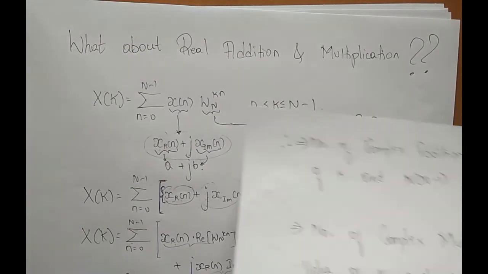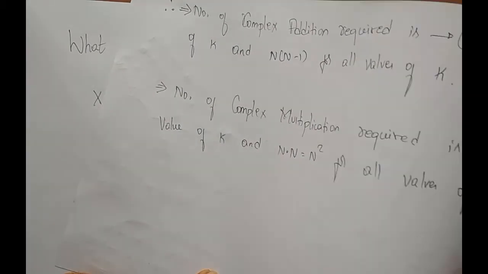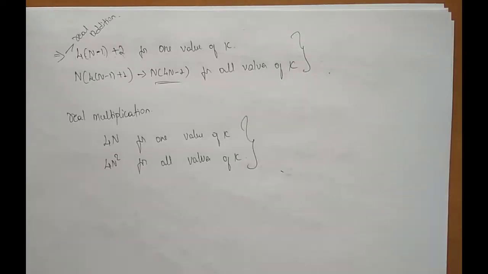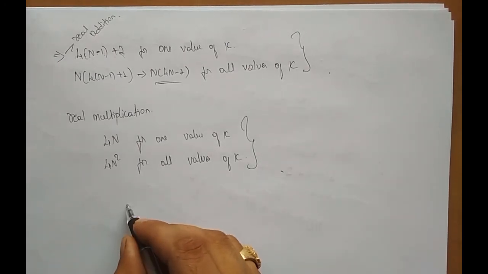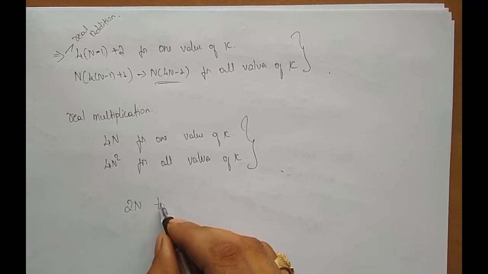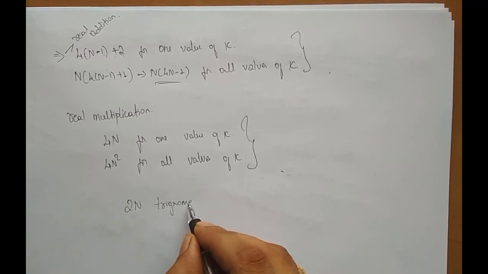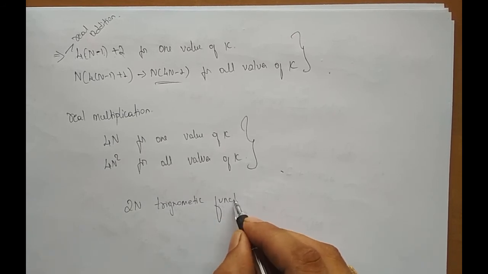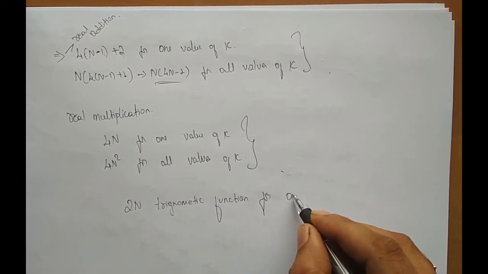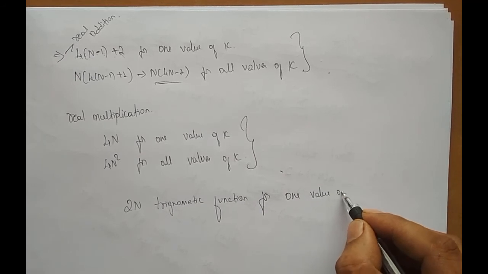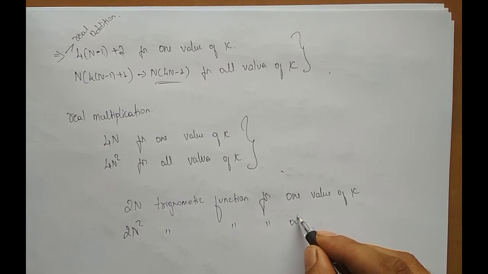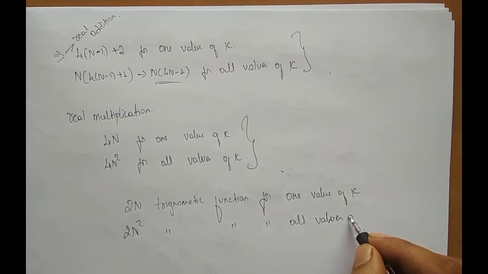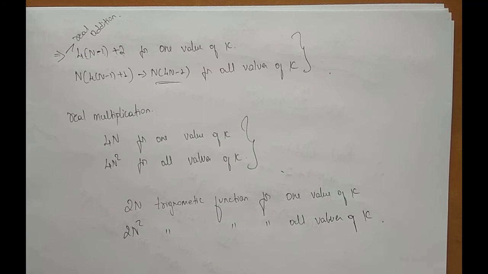So if I put that summary here, it requires totally 2n trigonometric functions for one value of k, and 2n square trigonometric functions for all values of k, okay.